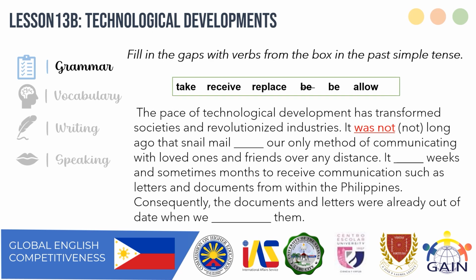All right, let's put your knowledge on past simple tense to a test. Fill in the gaps with verbs from the box in the past simple tense. So for example, the first answer there is was not. This is the negative form in the past simple tense of the verb be.